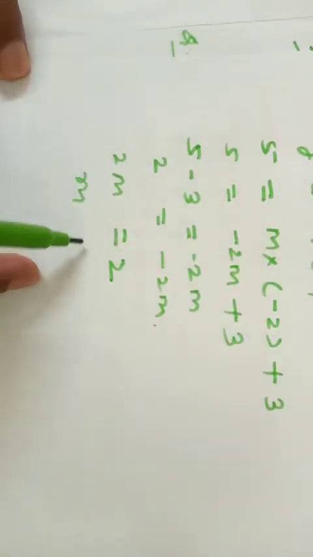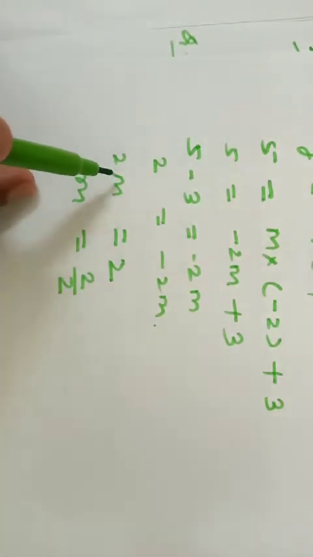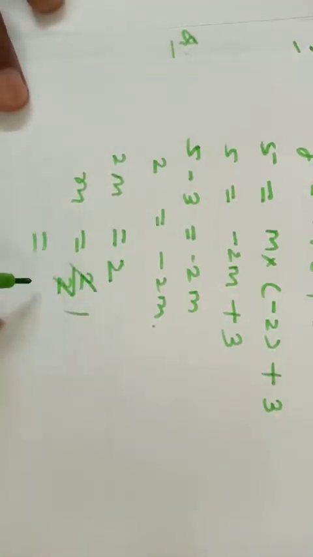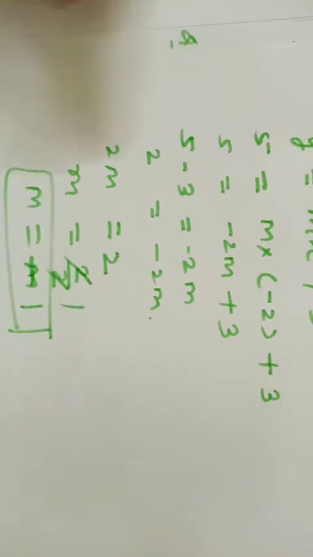So m is equal to 2 upon 2, because 2 is in the multiply form, and when we shift it to the other side, that will be in the divided form. So m is equal to 1. It means the value of m here is 1.